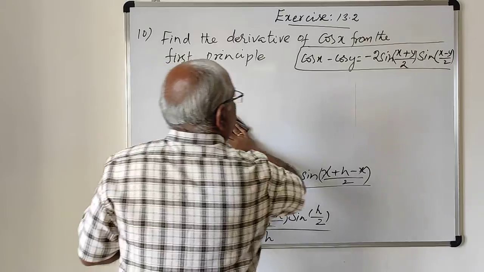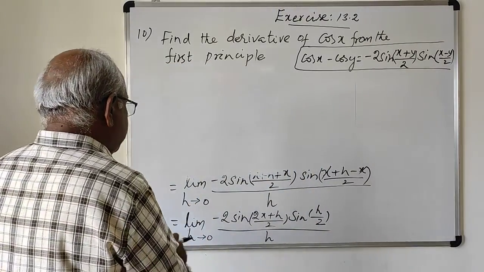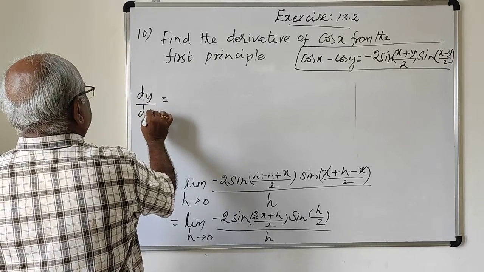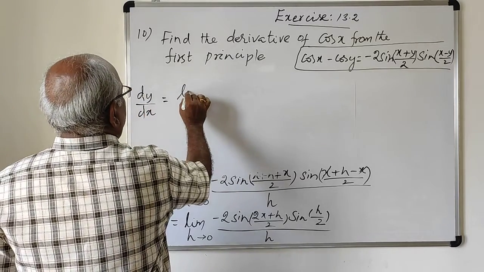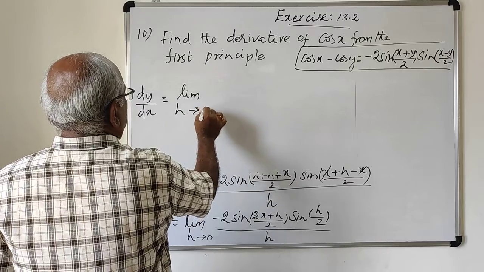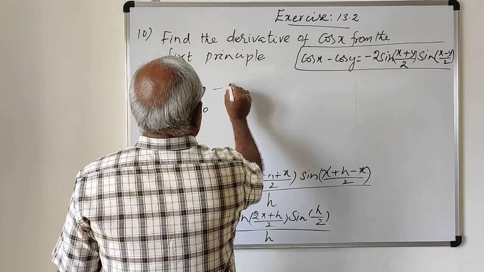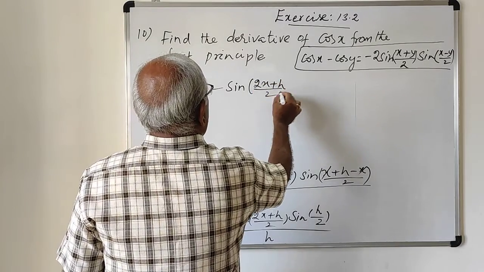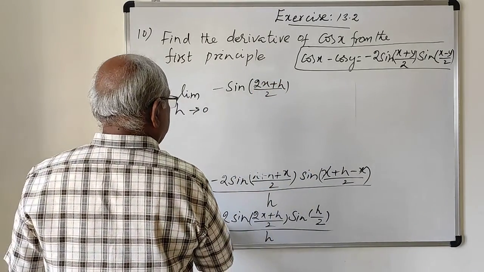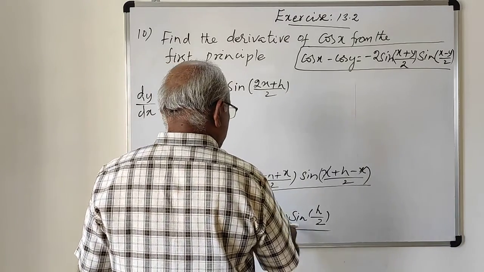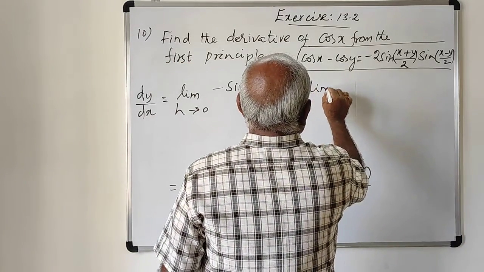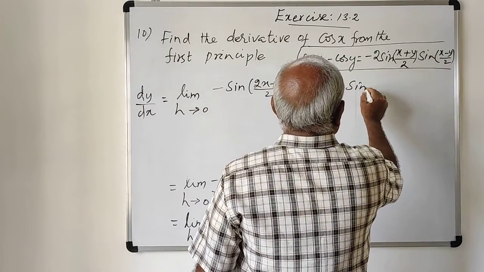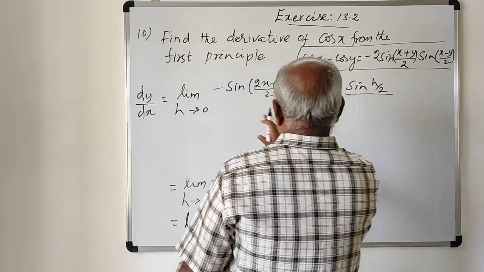You split the limit into two limits, so dy by dx on the left hand side equals limit h tends to 0 of minus sin of (2x plus h) by 2, into limit h tends to 0 of sin h by 2, the whole divided by h.